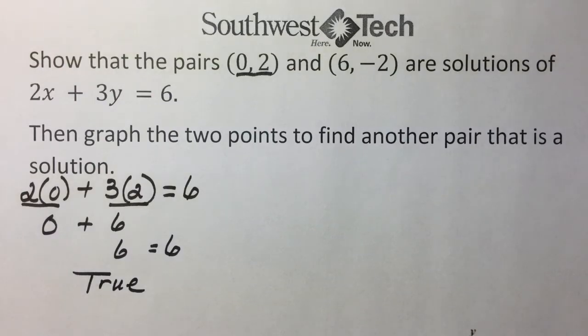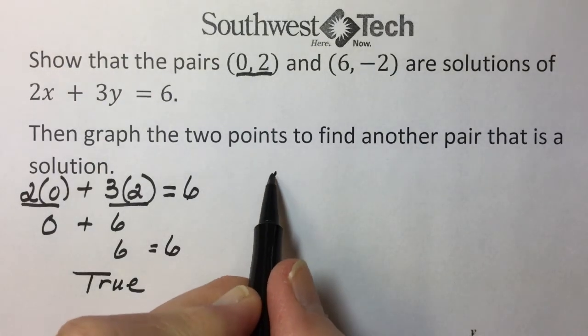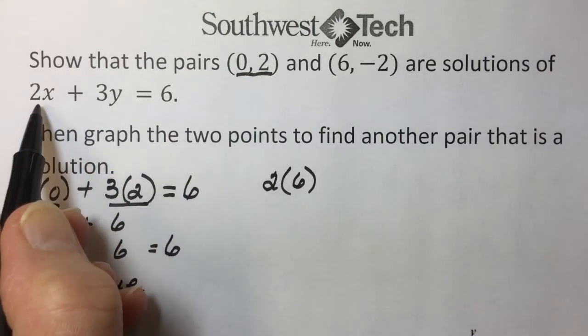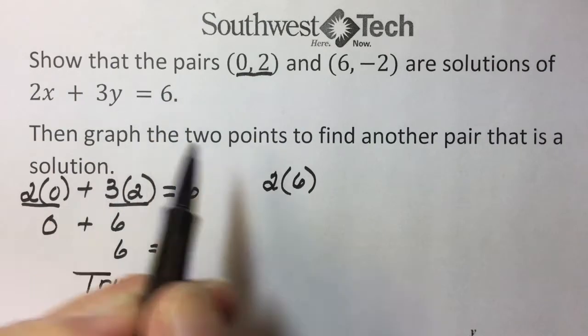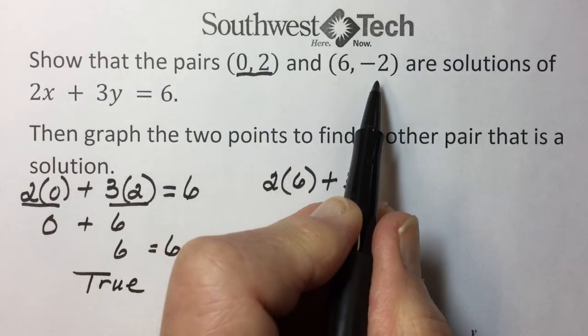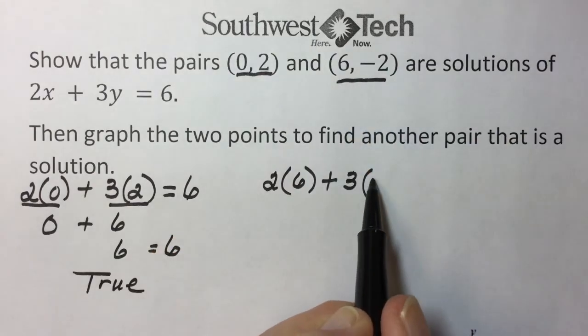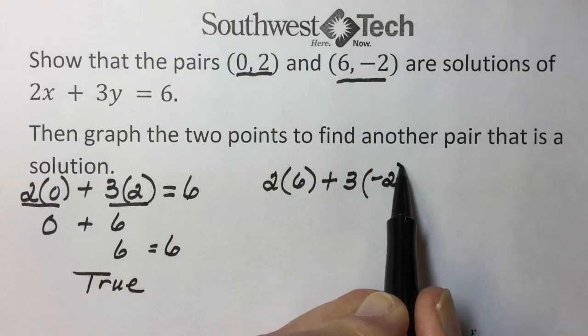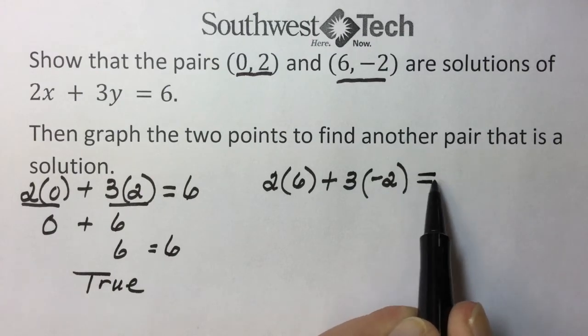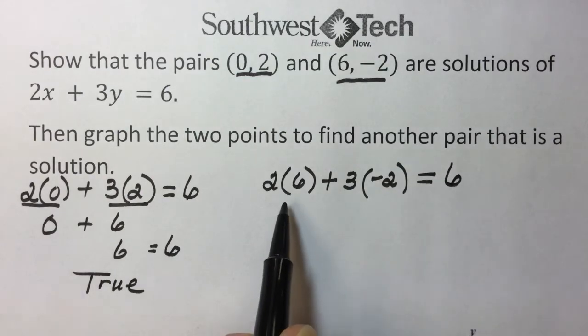Proof for the other point, we'll do the same thing, letting x equal 6 this time and replacing those values in the given equation. We have 2 times 6, plus 3 times the y value, which here, the second coordinate in this ordered pair, is -2, and we're testing to see if it equals 6.